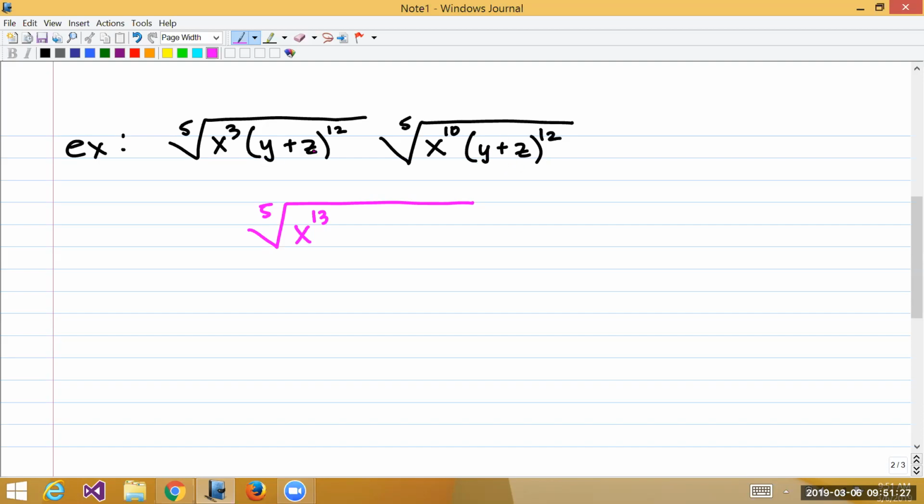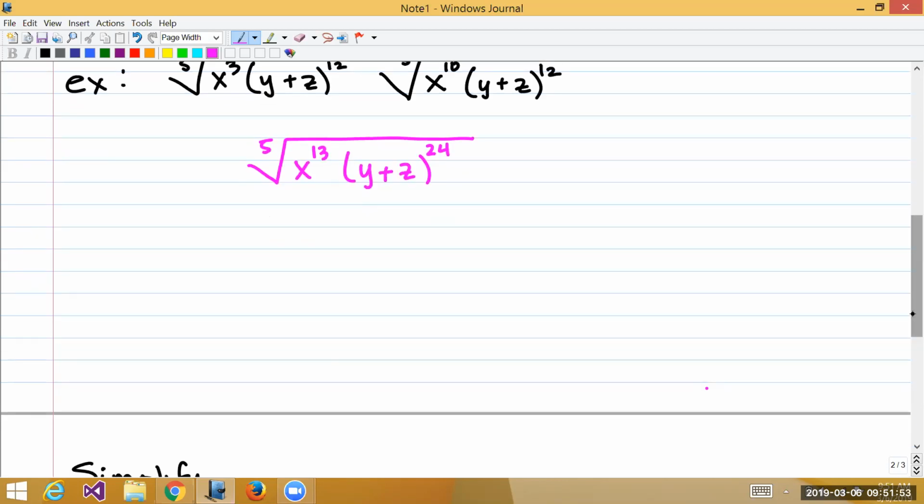Remember, y plus z, that entire expression raised to the power of 12, means you want to multiply this entire thing by itself 12 times. That would take way too long, so just leave the base as y plus z. Notice here we have a base of y plus z. So y plus z to the power of 12 multiplied by y plus z to the power of 12 is simply y plus z to the power of 24. We add the exponents together.